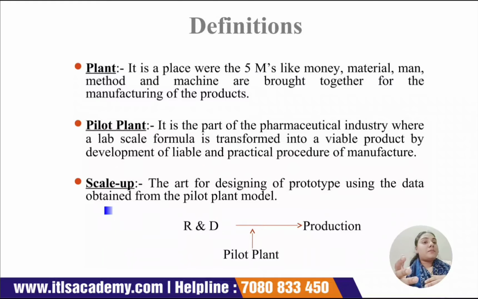Then of course man means the employees, the workers working in that particular plant area, in the production area. Then method, which type of method is used in manufacturing certain types of medicine, comes under method. And of course the machineries. The latest, up to date machineries should be used in the manufacturing of the product.